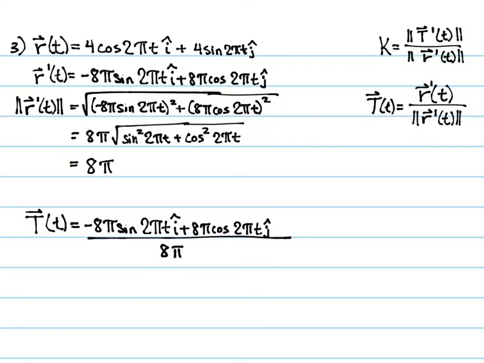So what's going to happen, Annika? Yeah, the 8 pi's cancel. So I end up with just the sine of 2 pi t i. Yep, I'll get the negative in there. Thank you. And the cosine, that one's positive, cosine of 2 pi t j.